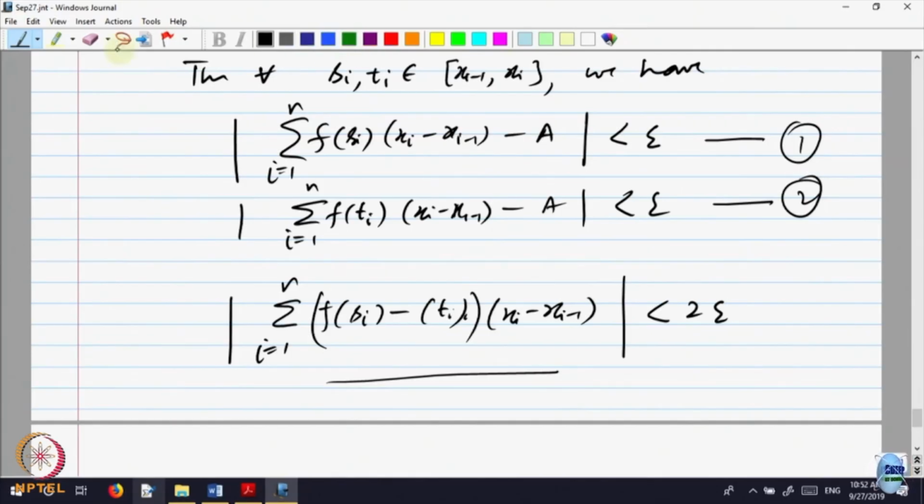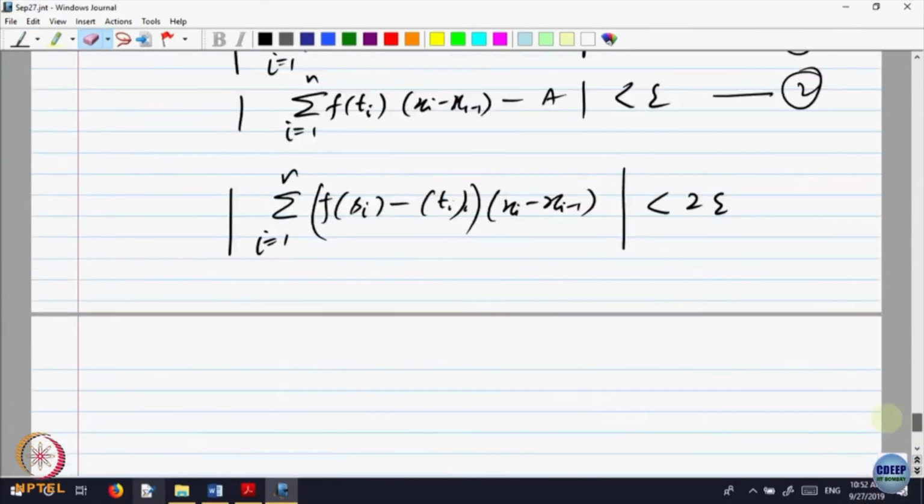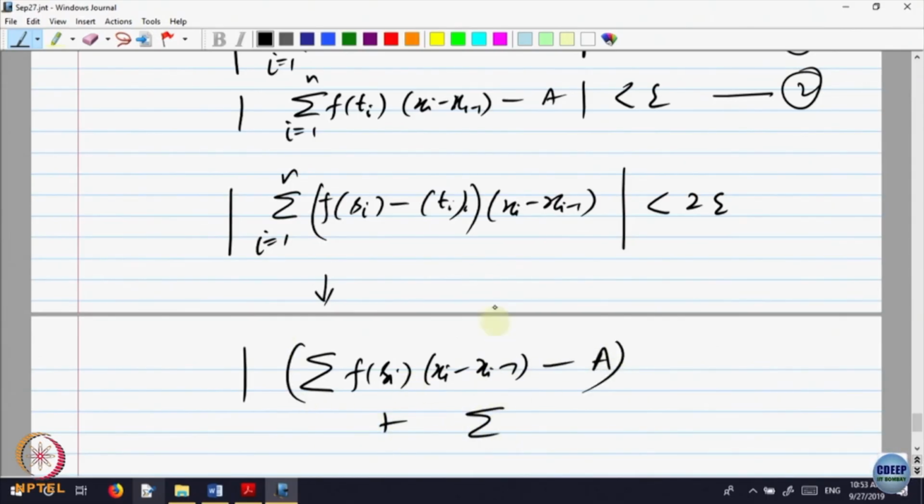So in case you feel uncomfortable, let me write. The reason is that this quantity is the summation of f(si) into (xi minus x(i-1)) minus A, plus the other term, minus the summation of f(ti) times that thing minus A. Add and subtract, right?